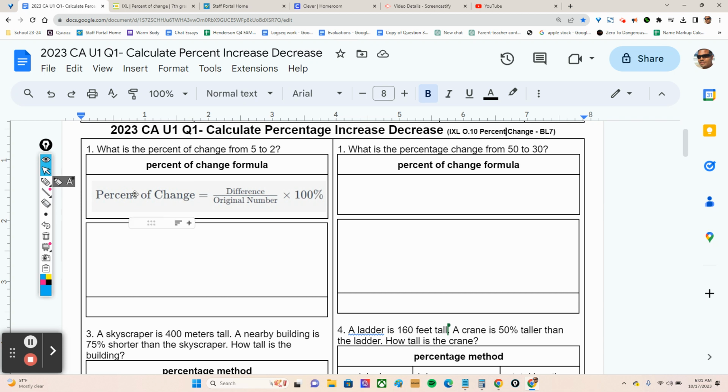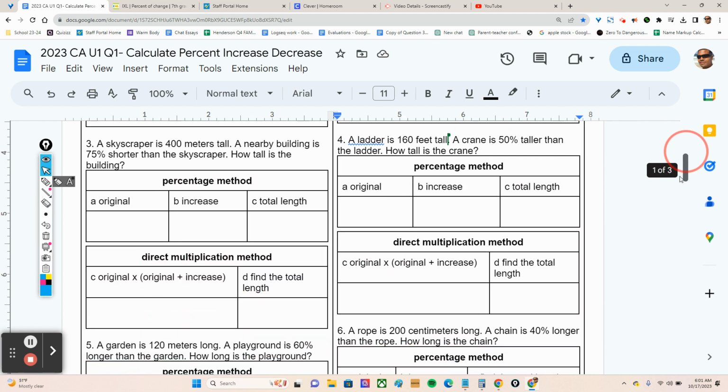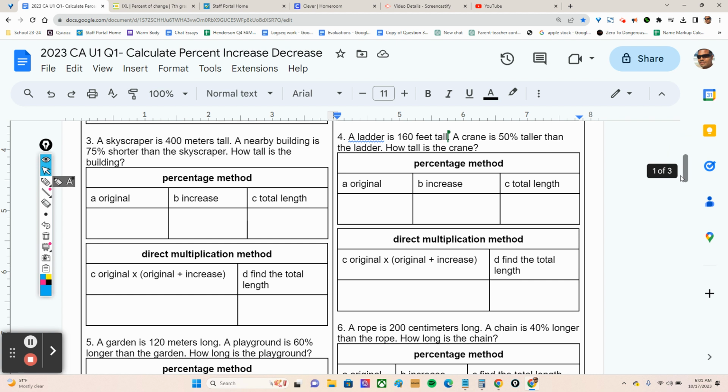Okay, so we went over this top part, question one, and this should have been a two. All right, so let's go on to questions three and four.